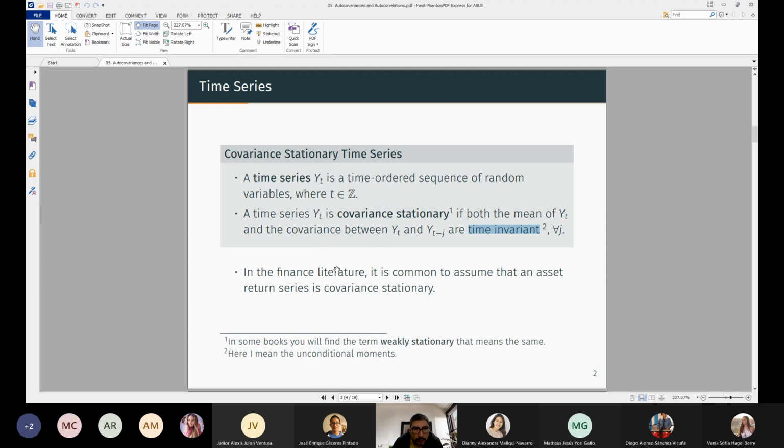Here there's an observation. In finance literature, we used to assume that the asset returns, the financial asset returns series, is covariance stationary. We used to assume that. Okay? Most of the time, those returns are covariance stationary.